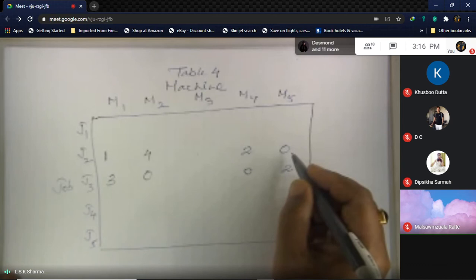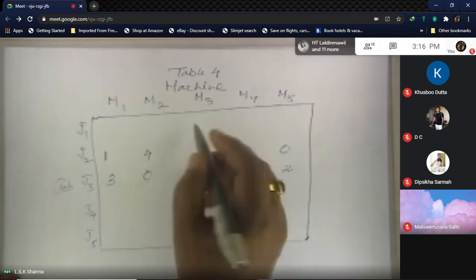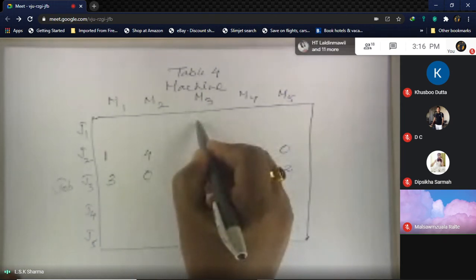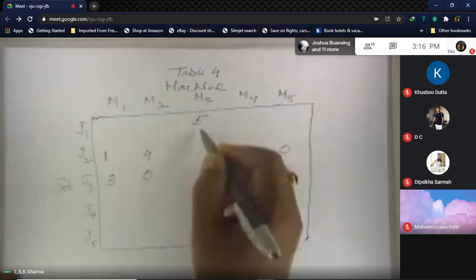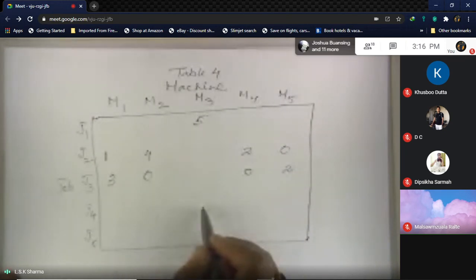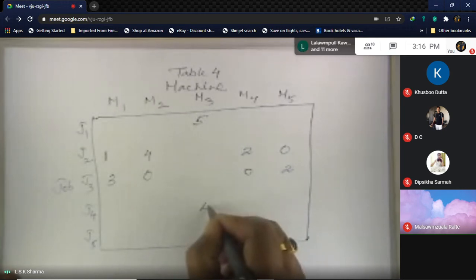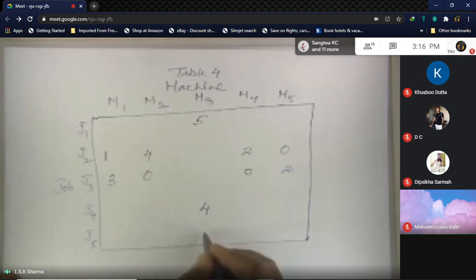Now, where are the crossings? At the crossings, I have to add. Where the crossing was 4, it is now 4 plus 1, 5. In J4 and M3, this is 3, so 3 plus 1 is 4. And again here, 3 plus 1 is 4. The remaining will remain as it is.